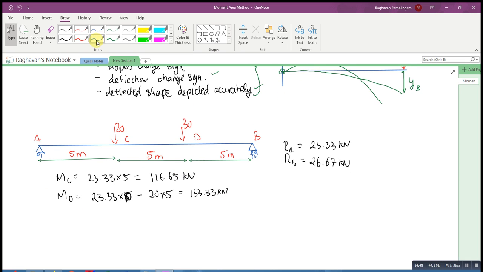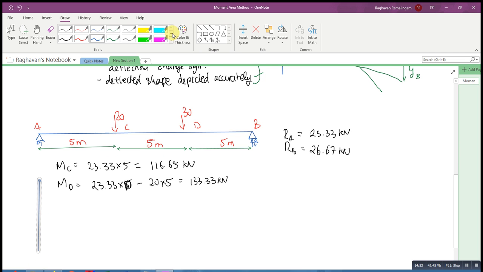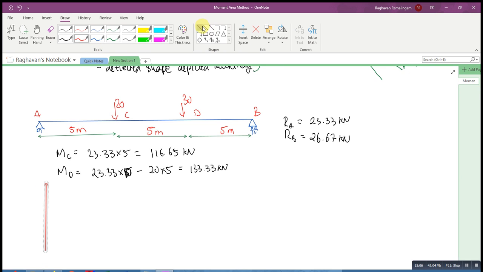Now these are my salient point bending moments. Now I can draw my BMD. All right, these are my axes for my BMD. Let me use a green color for this.